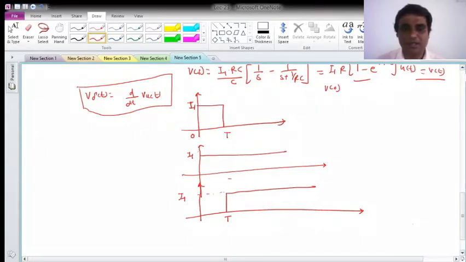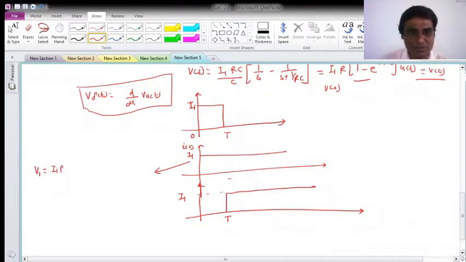Already we have seen, say this is my I of t excitation, what the response is. We have calculated it is I1 R into (1 minus e raised to minus t upon RC) into u of t. Now I would like to calculate the response of the shifted one.